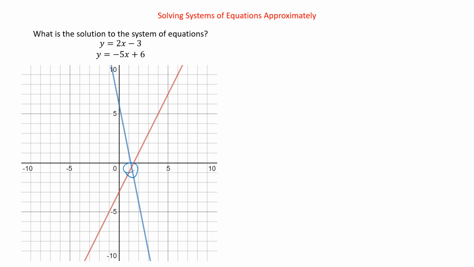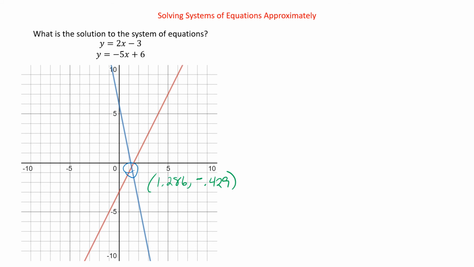If we look at the point, we get 1.286 and negative 4.429. So if we look there, we get that.